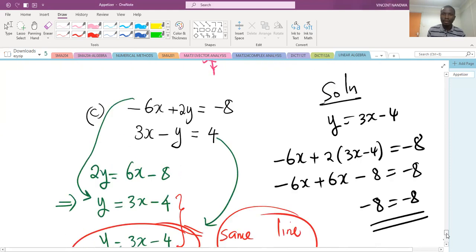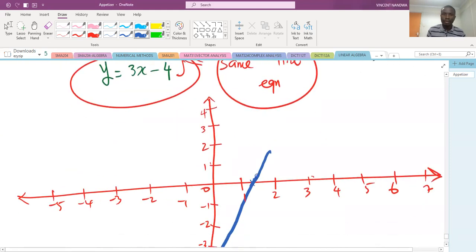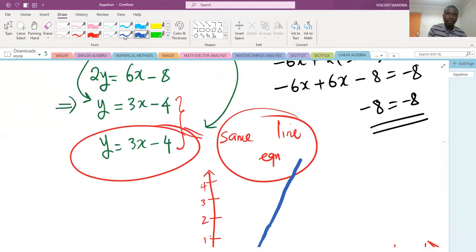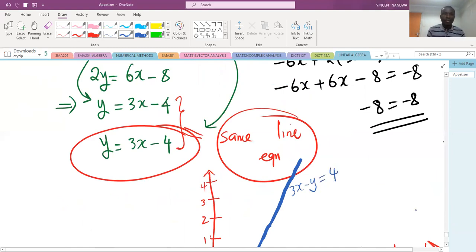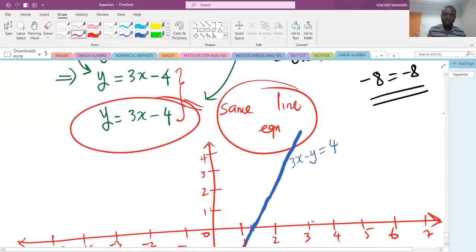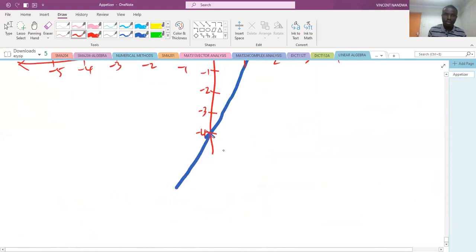So the blue line is what is in my second equation, which was given as 3x minus y equals 4. But as we have seen, the first line is the same thing. So let me draw in a different ink. The x-intercept remains this point, and the y-intercept remains the same point here.